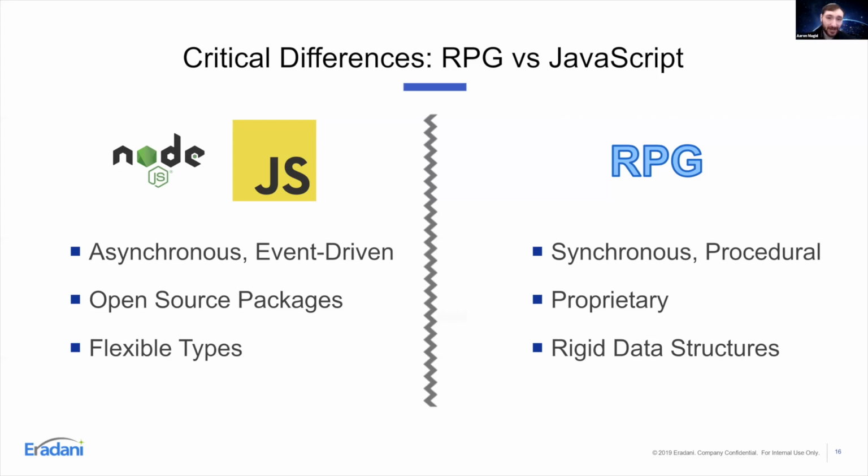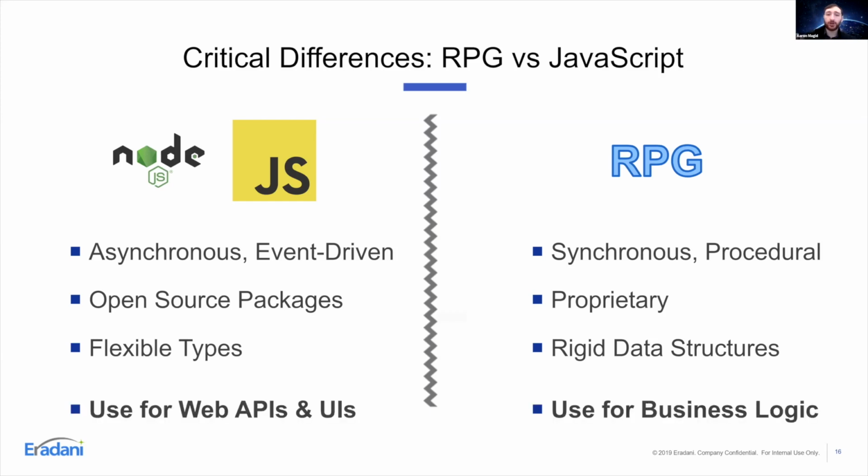And number three is flexible types. When you work in this uncertain environment, you can get anything from your users, and you need to be able to handle that gracefully. And the conclusion here, and the really big takeaway from this, is if you are writing a web API, either making calls or taking API calls, or if you are writing a user interface, do it in JavaScript.